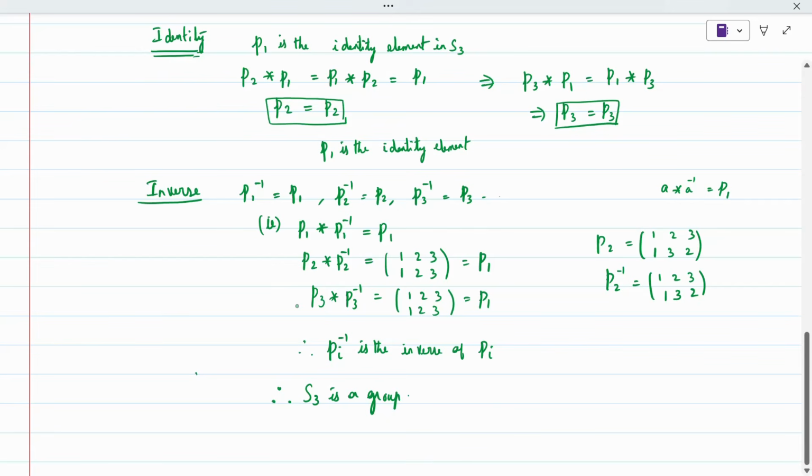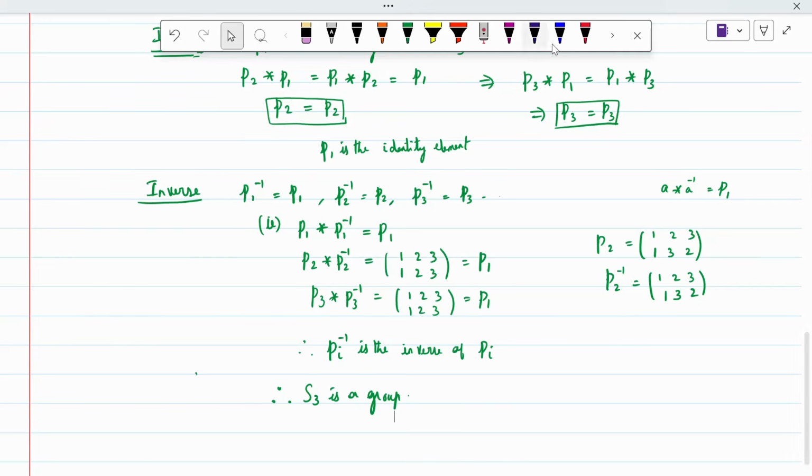So now we will go with problems so that you can understand permutations clearly.